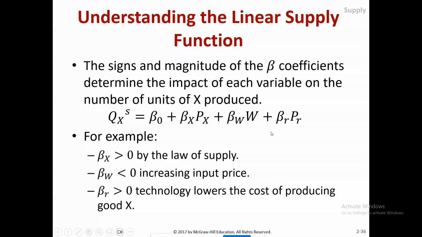For related products, if it's about technology improvement, then beta R is positive. Technology improvement makes our production easier, so for the same level of resource or effort it is easier to produce. Therefore, there's a positive shock.